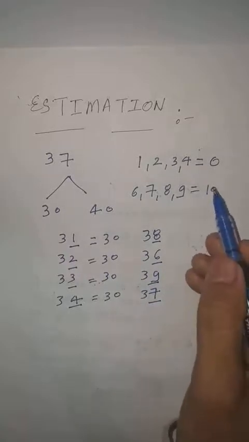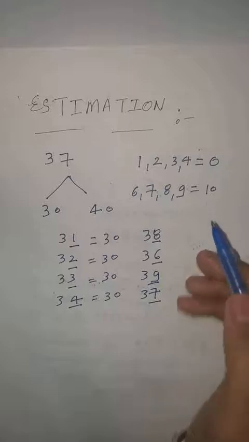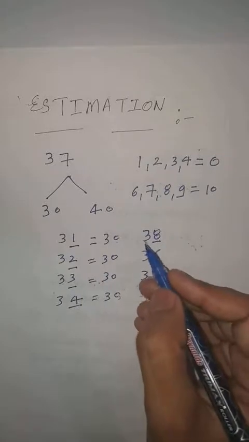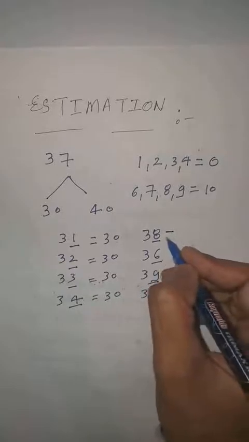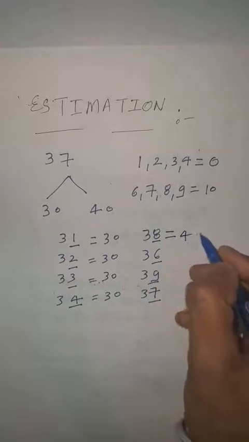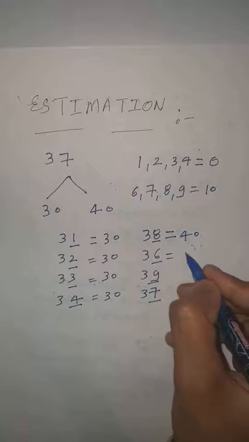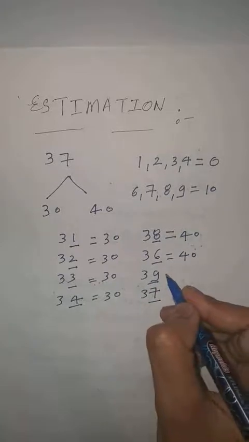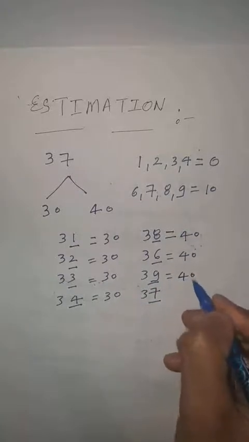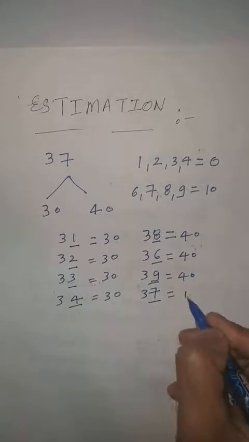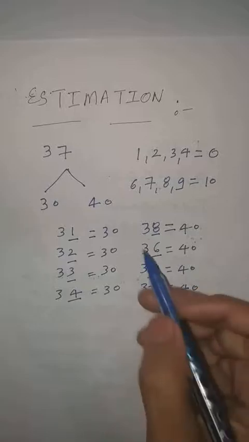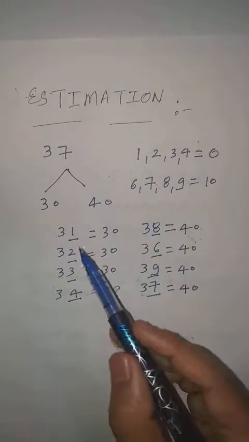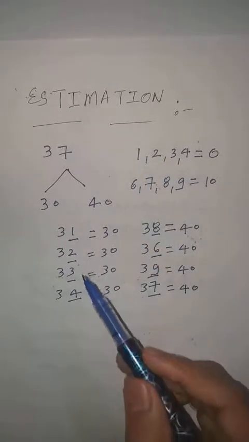So what is the meaning of this 10? This 10 means you will increase the tens digit by 1, and the ones digit becomes 0. So it will become 40. This also becomes 40, this also becomes 40 and this also becomes 40. Clear to everyone?